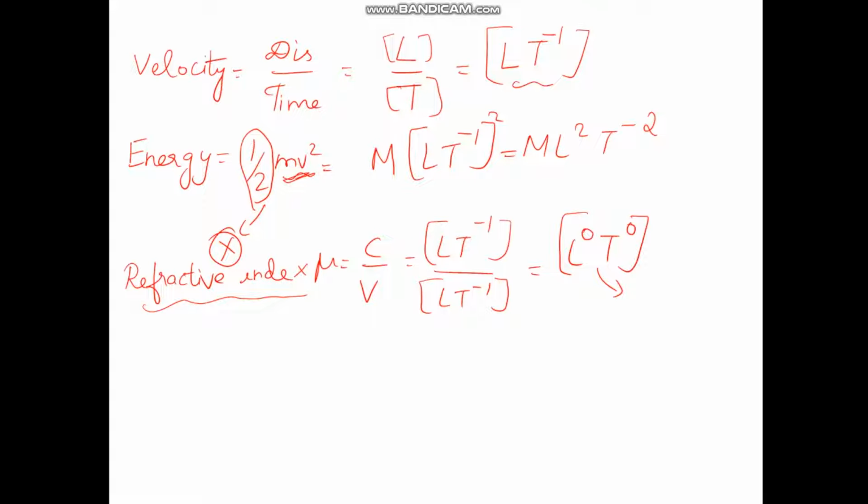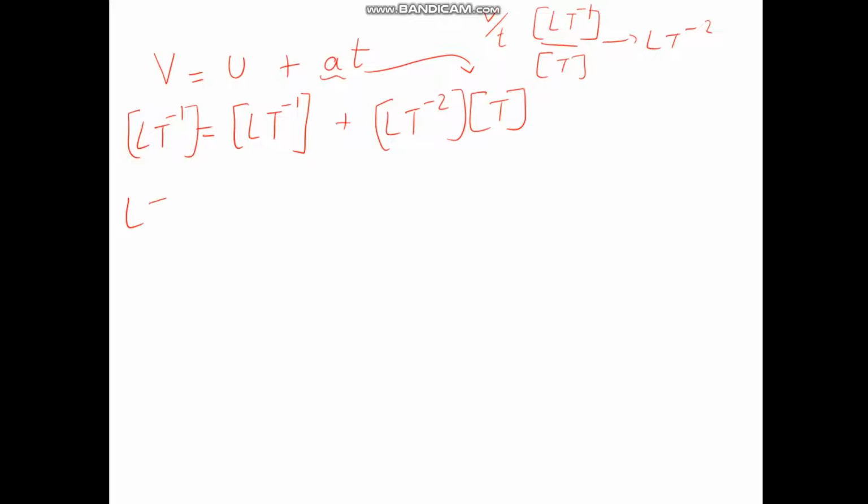It has another application. Suppose let us take a simple equation, V is equal to U plus A T. This we all know. What is the dimension for velocity? It is L T power -1. U is nothing but initial velocity, and this also has the same dimension.